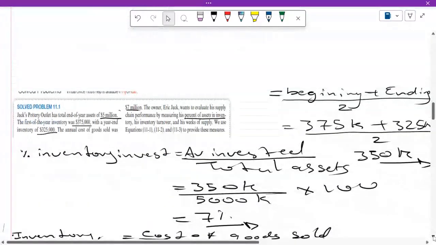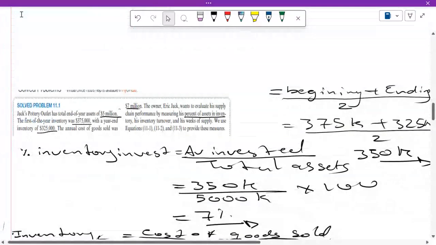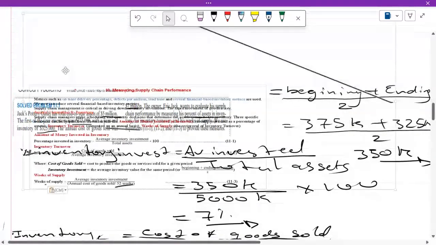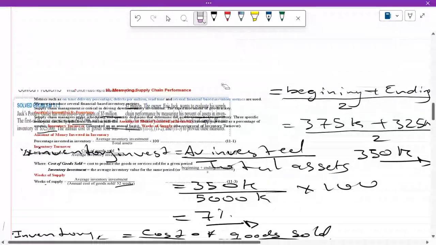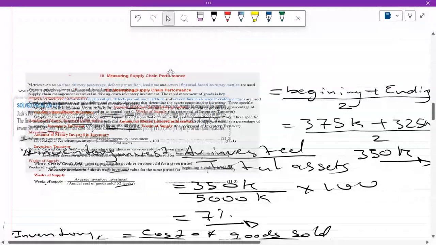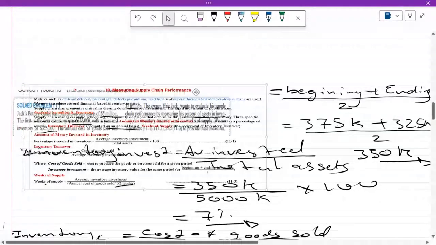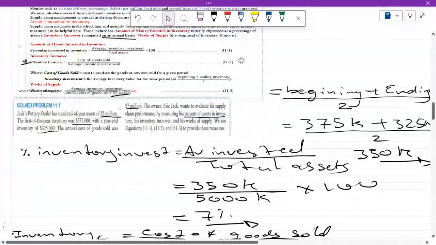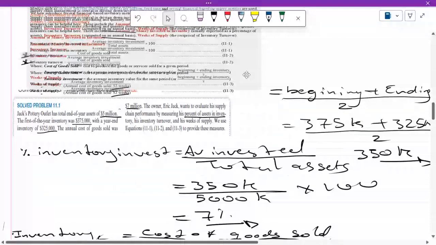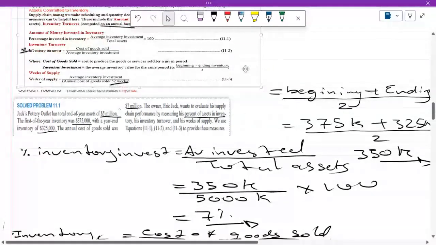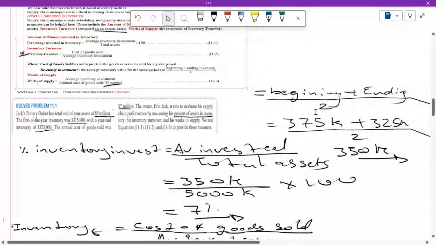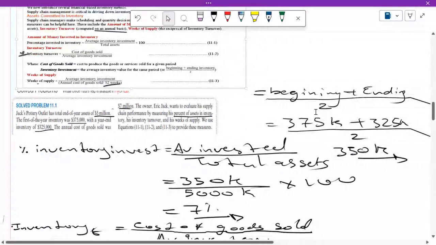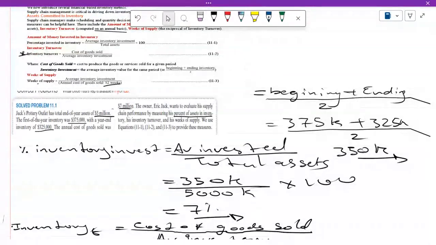Okay, it's actually here. I can just paste this thing there. Yeah, it's now a little bit visible. So cost of goods, and I think I am correct with my formula.